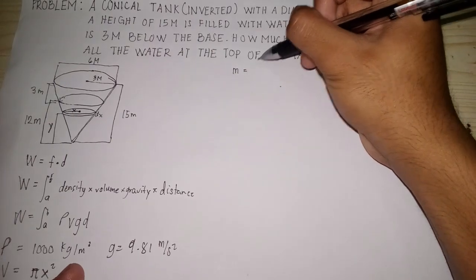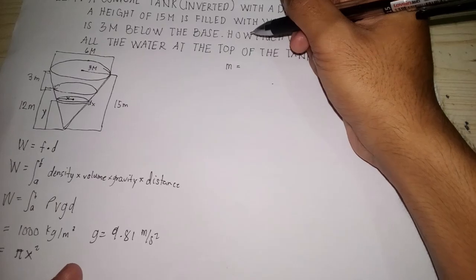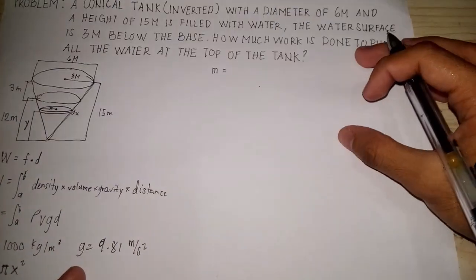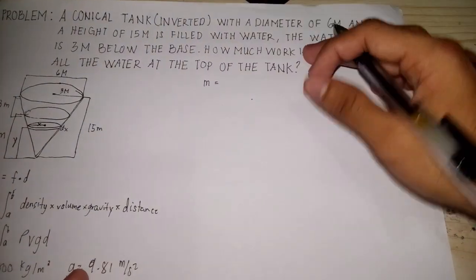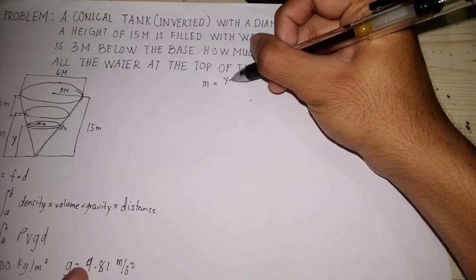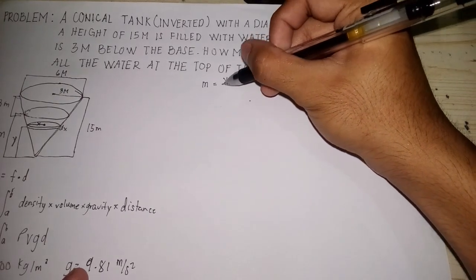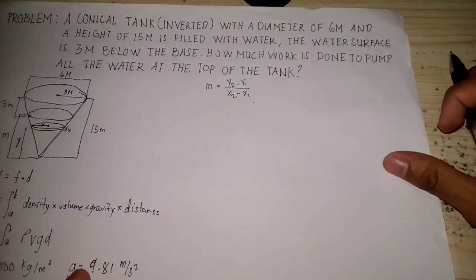I hope you still remember those things, since that is very useful as you go on to your next journeys. So this is m equals y sub 2 minus y sub 1 over x sub 2 minus x sub 1.